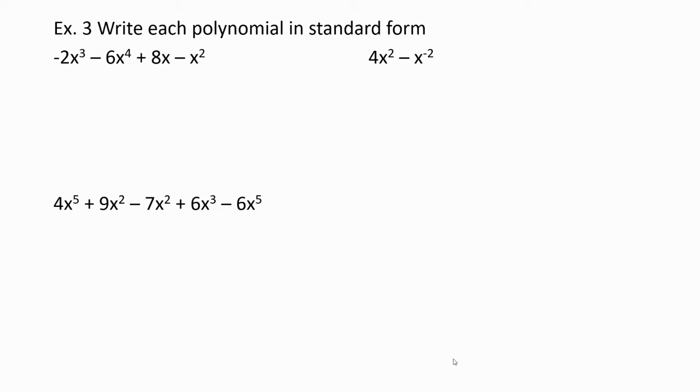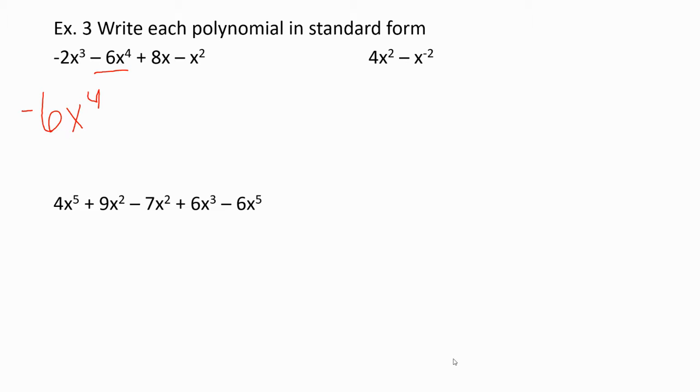Now, write each polynomial in standard form. Remember, standard form has to go from greatest to least. So when we do this first one, the first term is negative 6x to the 4th. Remember, you always want to use the sign that is in front. If it confuses you to have the subtraction and you don't realize that they're negative, you can always change it to plus the opposite. That helps you. Or you can just know that when there's subtraction, you treat that as a negative.